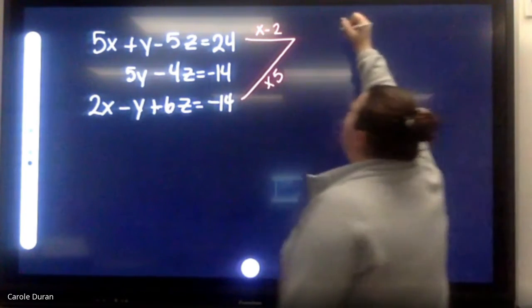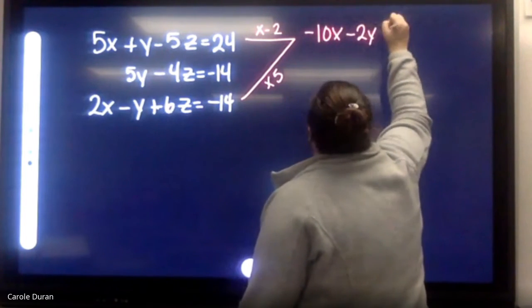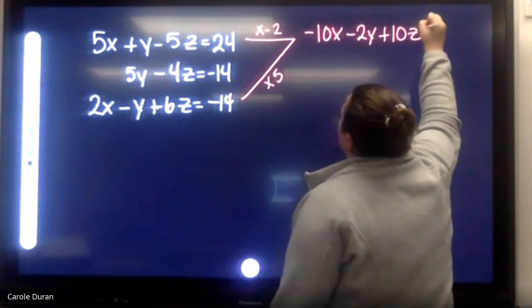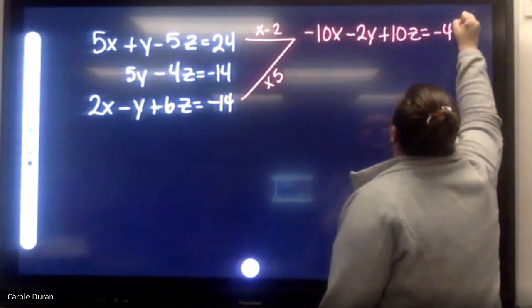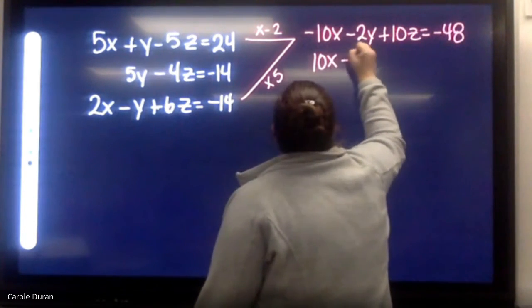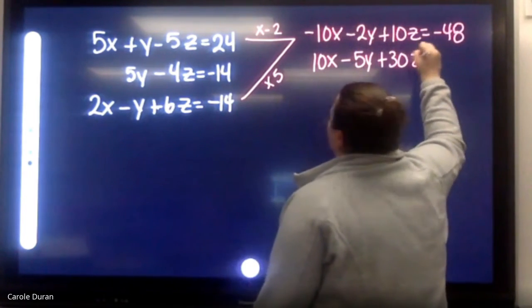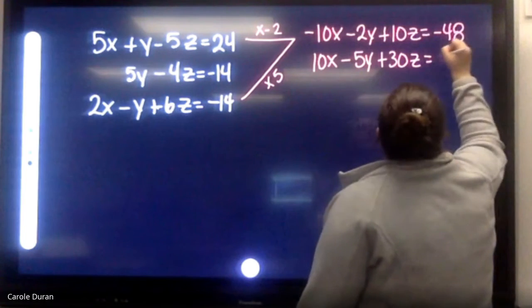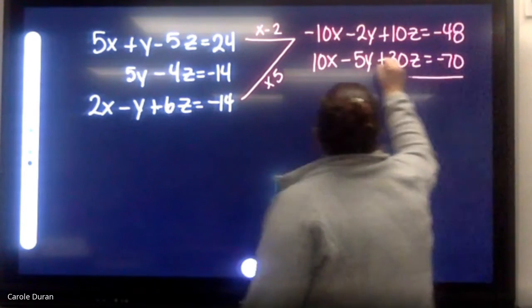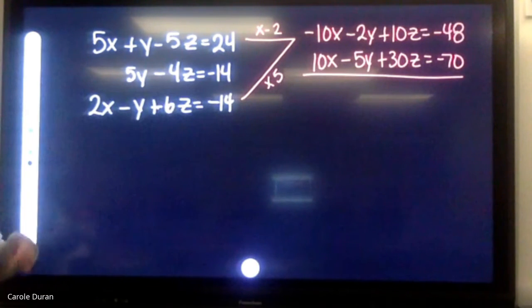When I do that, I'm left with -10x minus 2y plus 10z equals -48. My bottom equation becomes 10x minus 5y plus 30z equals -70. Right? I just multiply each number in the top one by -2 and each number in the bottom one by 5.